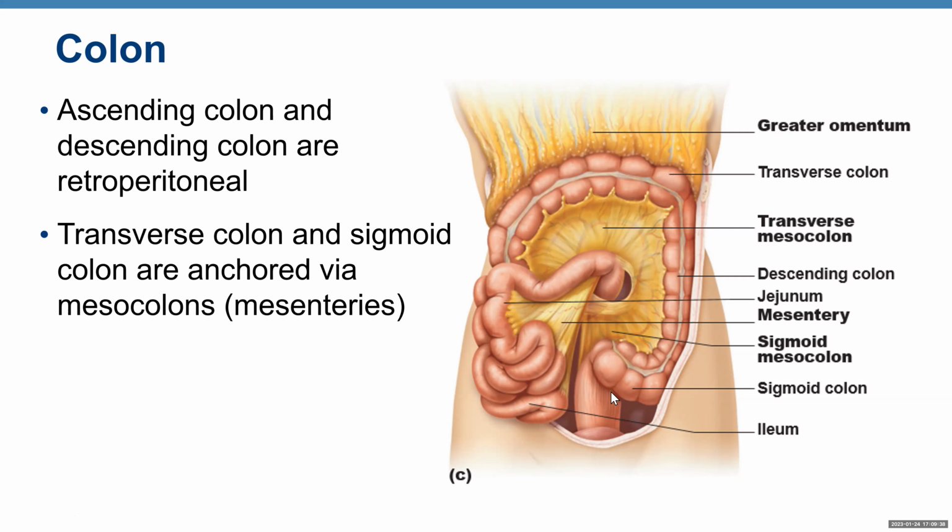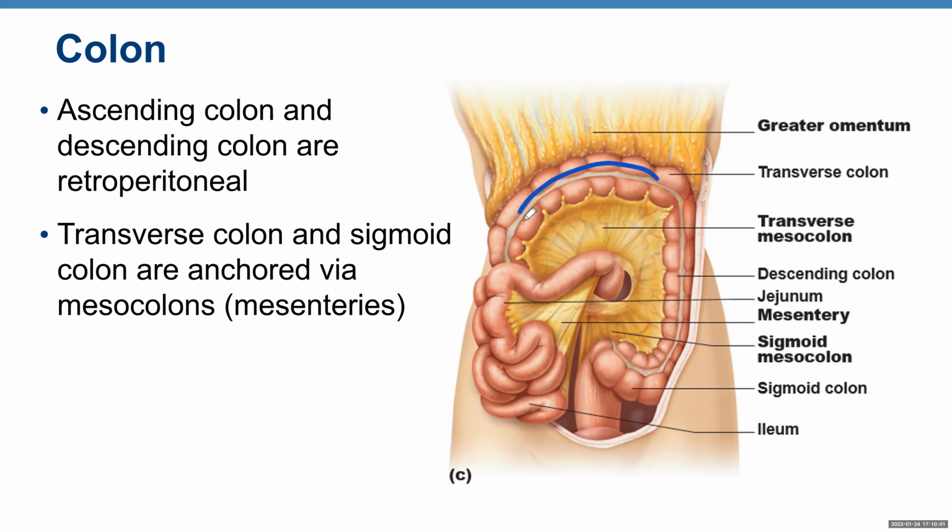So again, the organs are divided into peritoneal, those surrounded by this serous membrane called peritoneum, and the ones that are not covered by peritoneum. Those are retroperitoneal organs.